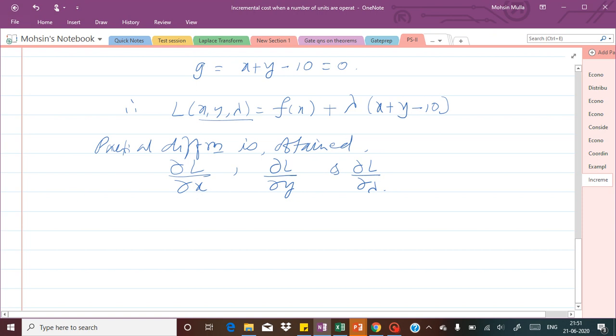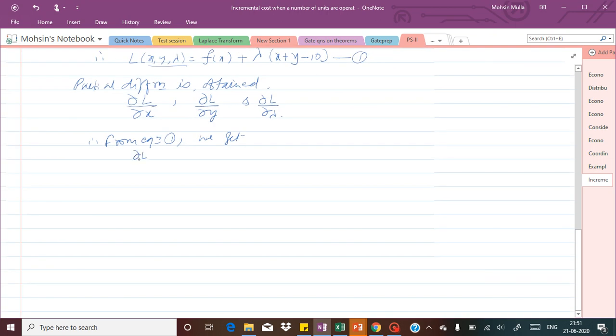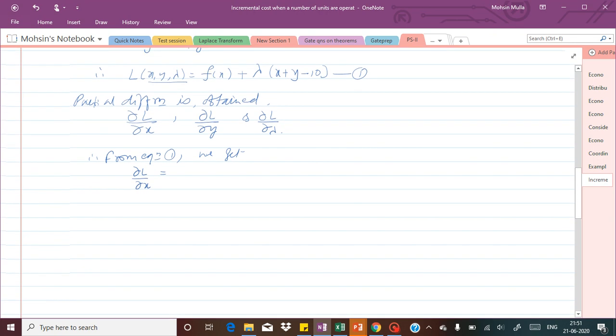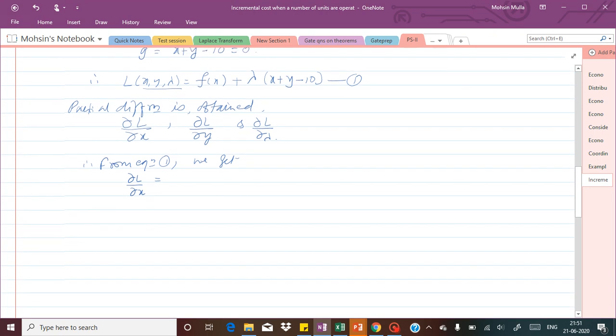So now let us do that partial differentiation. Let me say this is equation number 1. From equation 1 we get, when you do the partial differentiation with respect to each of these terms, I'll write the first one, dou L by dou x. f of x is already given earlier, so let us substitute it first, then we can do the partial differentiation.